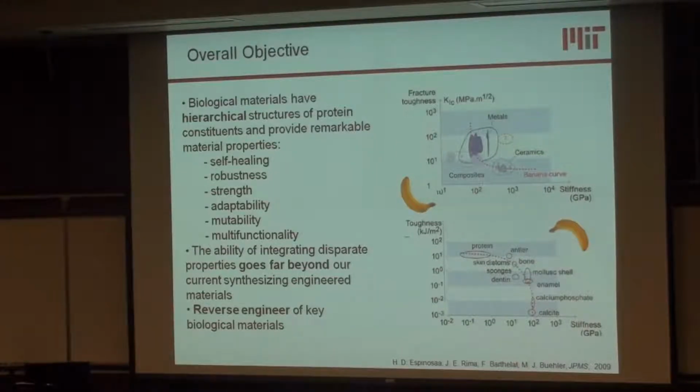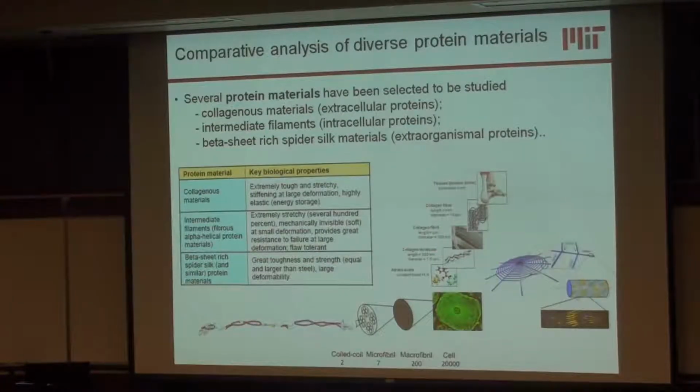So we want to study the mechanism inside those biological materials, and then use that information to reverse engineer those materials. For example, we look at three kinds of materials: collagen, and the cytoskeleton, with intermediate filaments as an example, and the beta sheet structure inside spider silk.